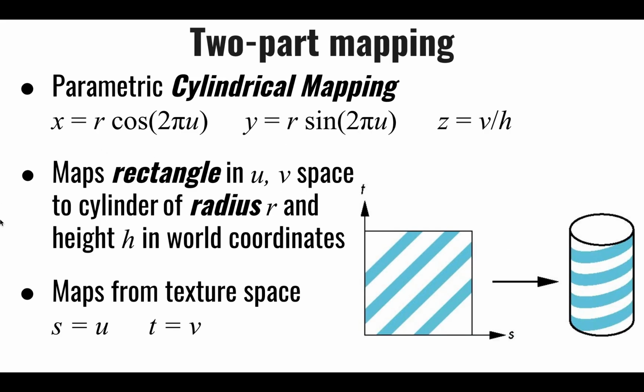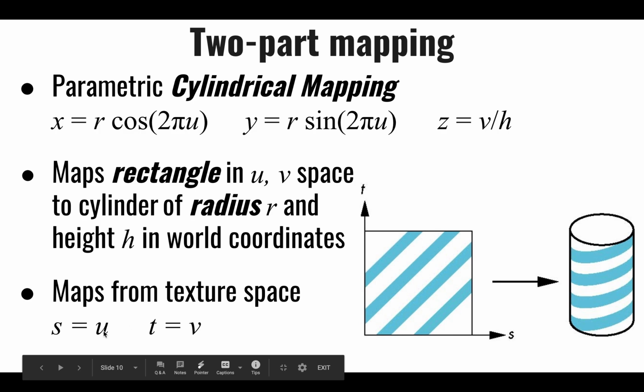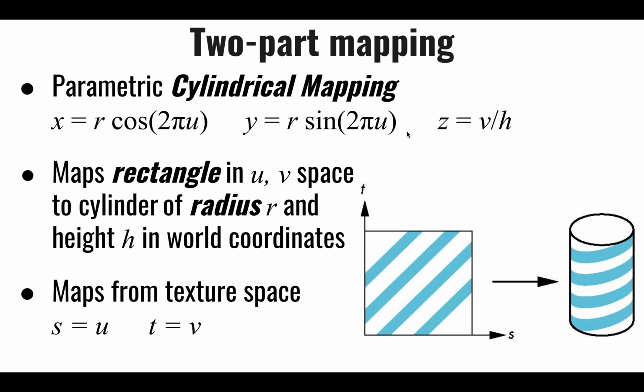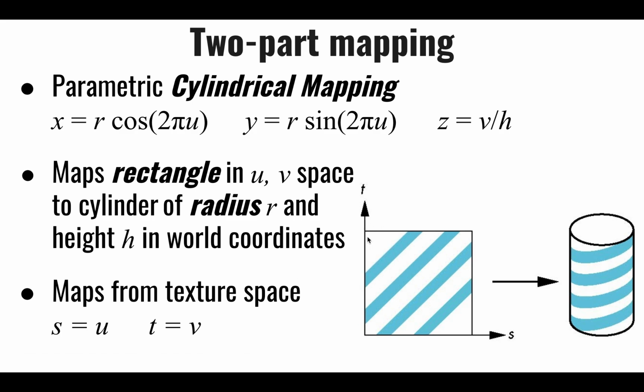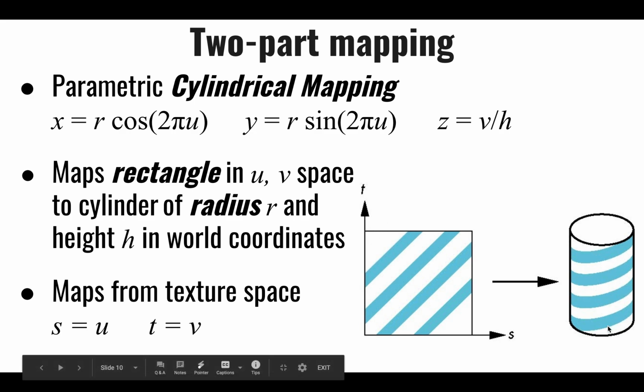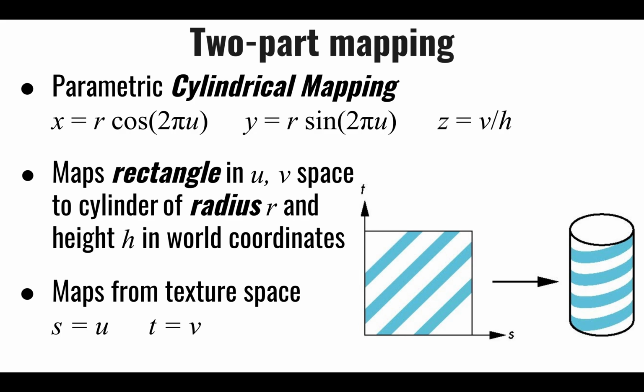So I might decide that as I iterate over u and v, which defines the location of each pixel in my cylinder, I can do a one-to-one mapping of which pixel I'm going to grab from the source image and paste it on each one of my triangles, in my fragment shader. I can decide that this particular pixel on the fragment will correspond to some pixel on the image.